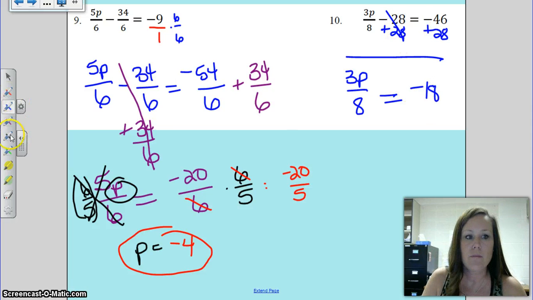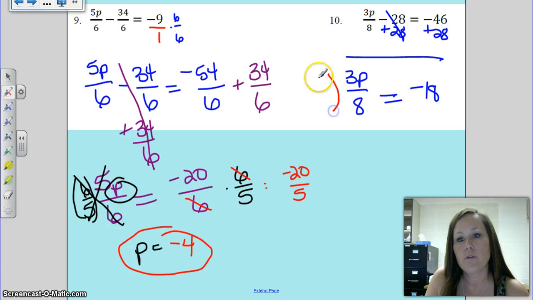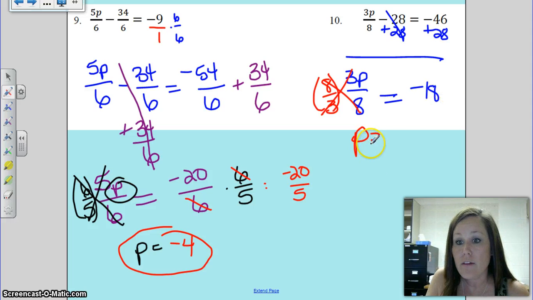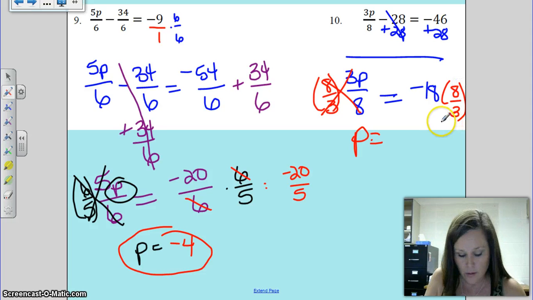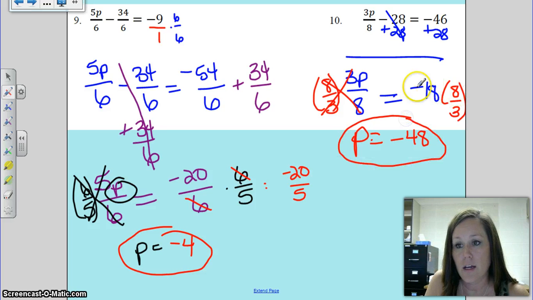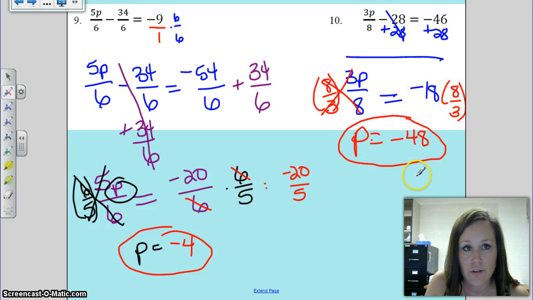Then multiply by the reciprocal, 8/3. P is by itself now, and multiply this side by 8/3. I think we end up with negative 48. I cheated by looking, but again, negative 18 times 8, divide the whole thing by 3.